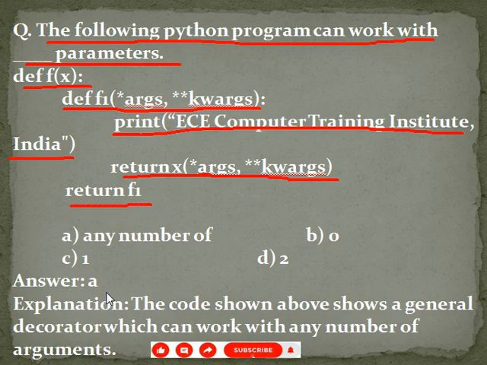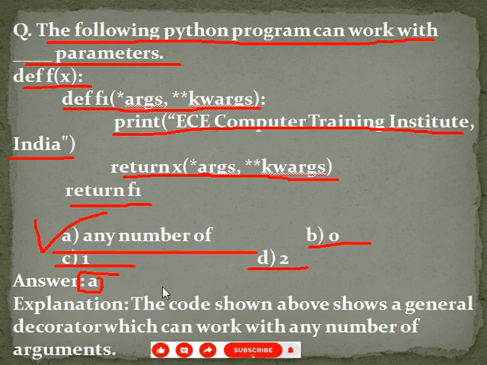Here given options are option A any number of, option B 0, option C 1, option D 2. Your correct answer is option A, any number. The code shown above is a general decorator which can work with any number of arguments.